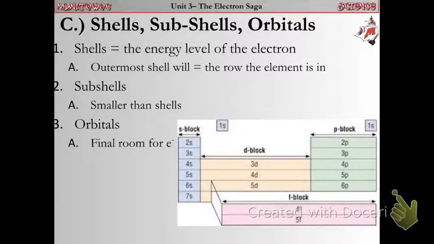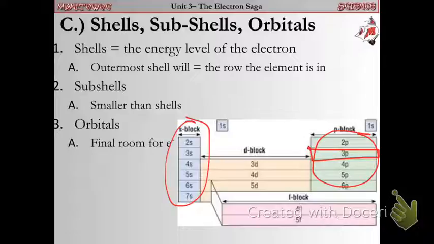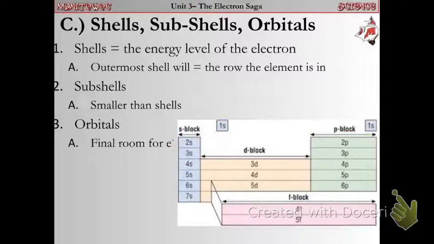So if you look at a periodic table, you can break down elements based upon their location. Any element over here is known as a P block element. If it's down in this row, it's known as a 3P element. Any element over here is known as an S block element. And if it's located here, it's known as a 4S element, because that would be the last configuration that we would draw.